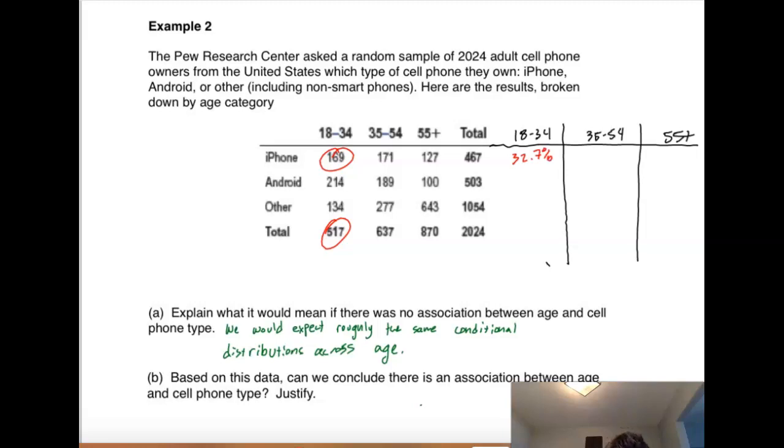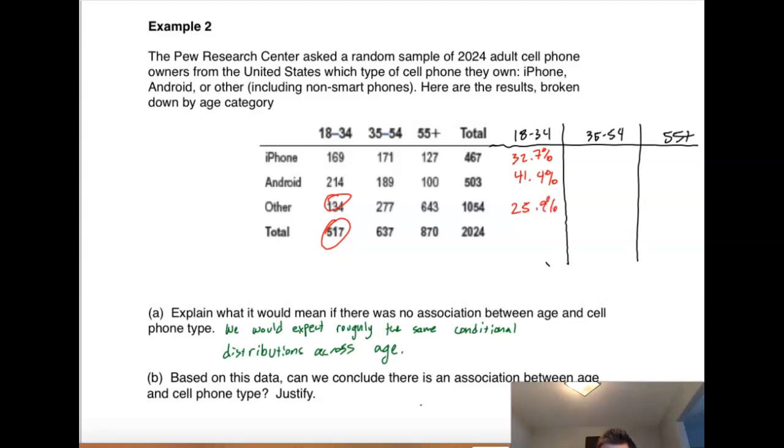Then I do the same thing for Android, 214 out of 517. That's about 41.4%. And lastly, other, the 134 out of 517. That's 25.9%.